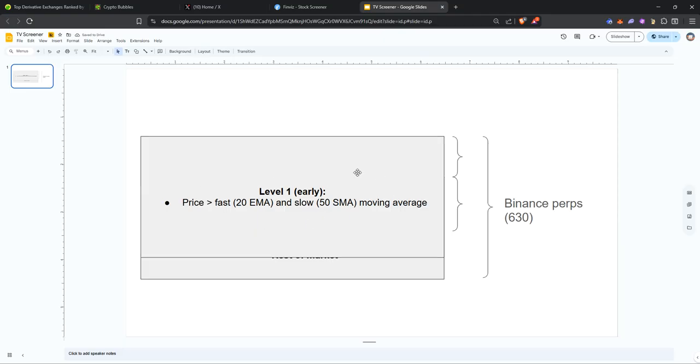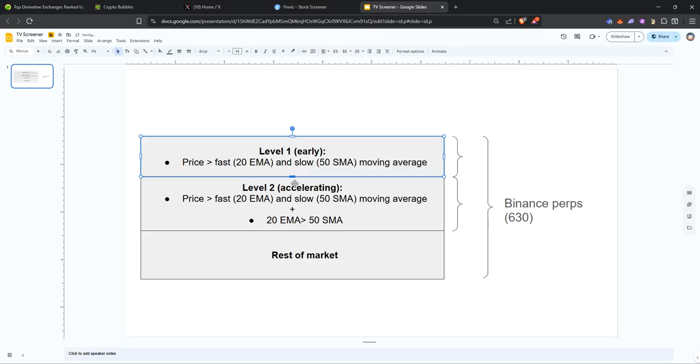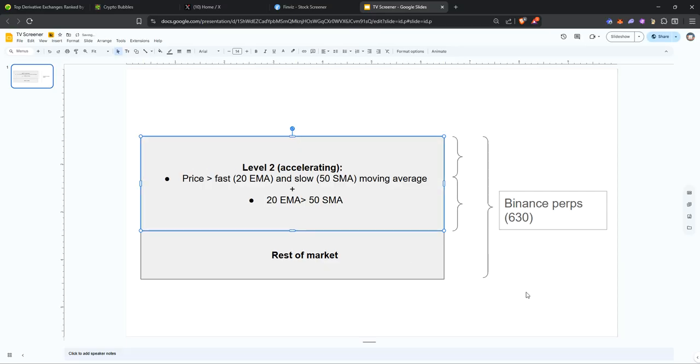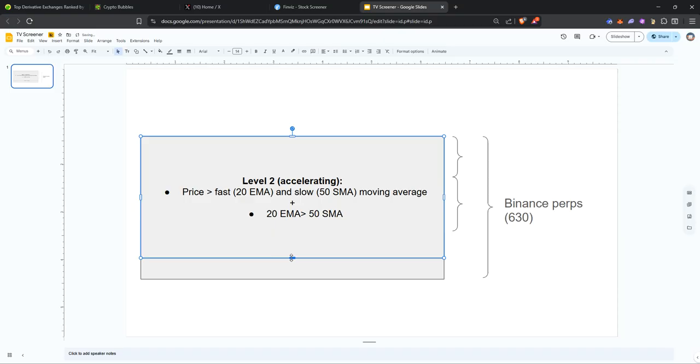So you know that if the market's moving up and you're seeing that coins showing good price appreciation make up most of these perps, then you know it's a healthy market. The next level, the accelerating ones: if you're seeing this represent a much larger percentage of the total market, again represented by Binance perps, then you know that's the typical alt season where everything's moving up, right?